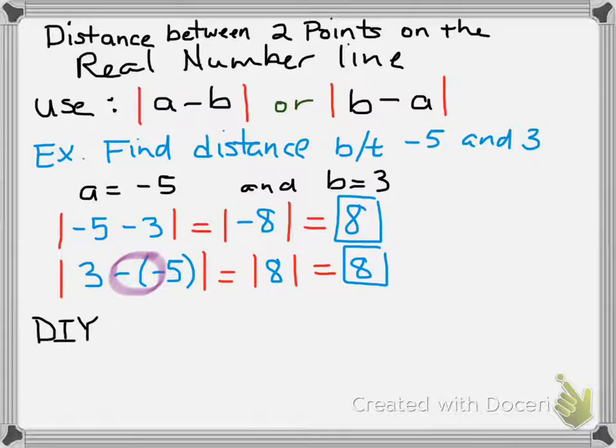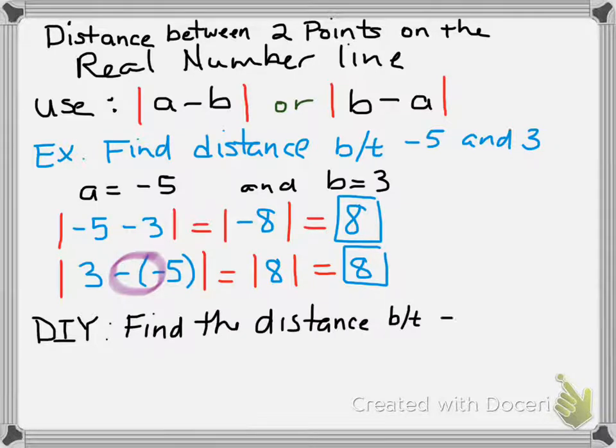So if you want to try one on your own, -12 and -3. So either one, whether you use the first one or the second one, so we're going to just say that a is -12 and b is a -3.